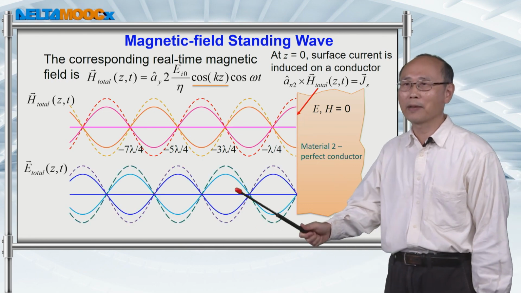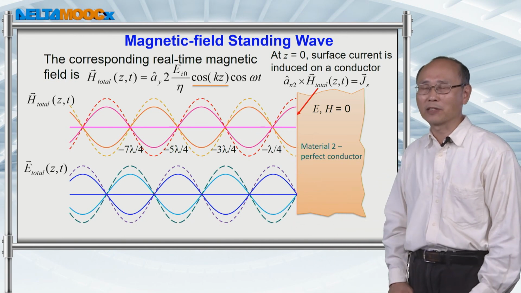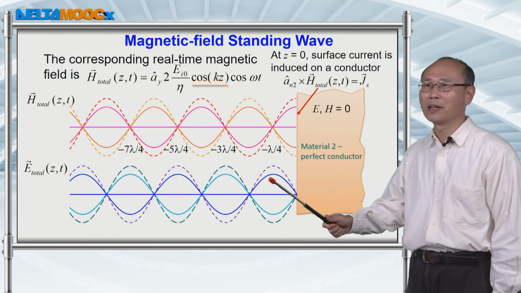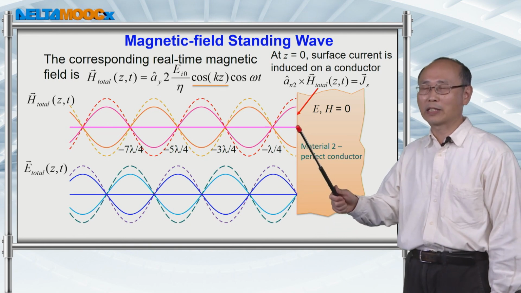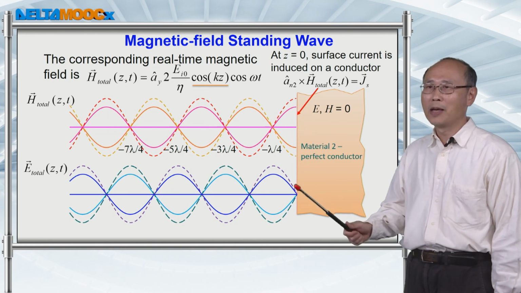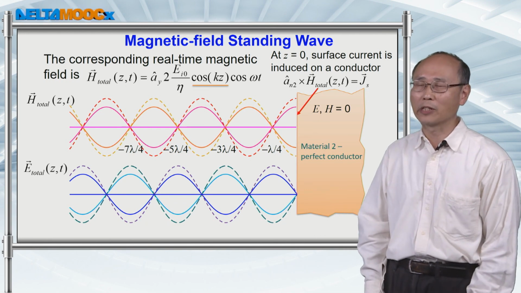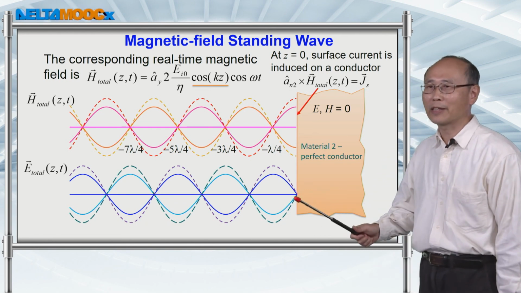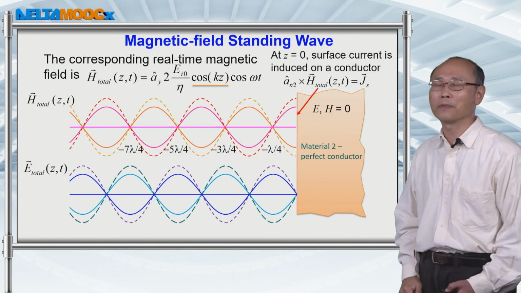So now I plot the electric field together with the magnetic field patterns, so you can make a comparison. And you see that on the surface, the magnetic field is maximum, and there's the surface current on this boundary. But on this surface, you don't have the tangential component of the electric field. So it turns out that you have a node for the electric field on this boundary.